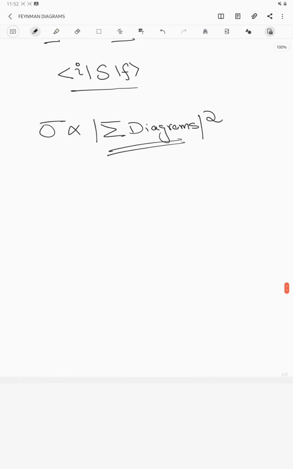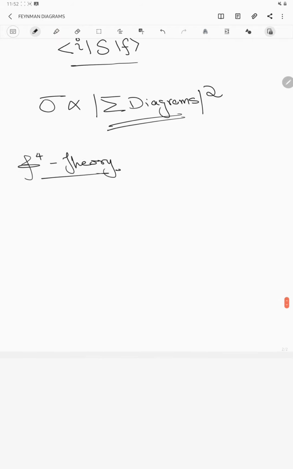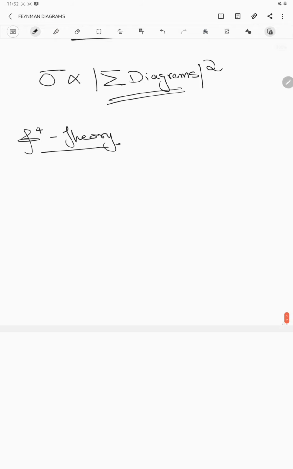Let's start with one particular diagram for the phi-4 theory. For the phi-4 theory, we could have a diagram that looks something like this. One thing I would like to mention here, but will elaborate on in the continuation of this video, is that because it's a phi-4 theory, we have what are known as vertices.